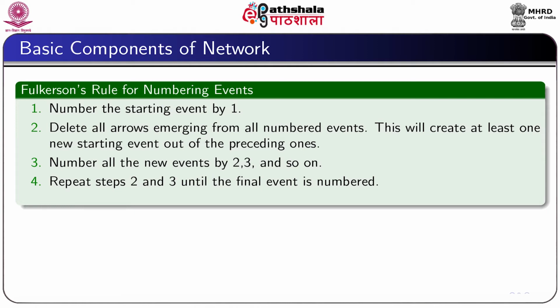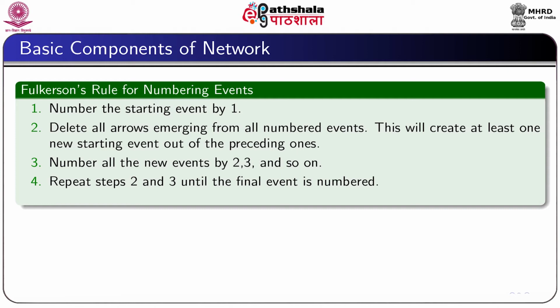Fulkerson's rule. This rule is applied to label the events or nodes. First, we should number the starting event by 1. Then delete all arrows emerging from all numbered events.